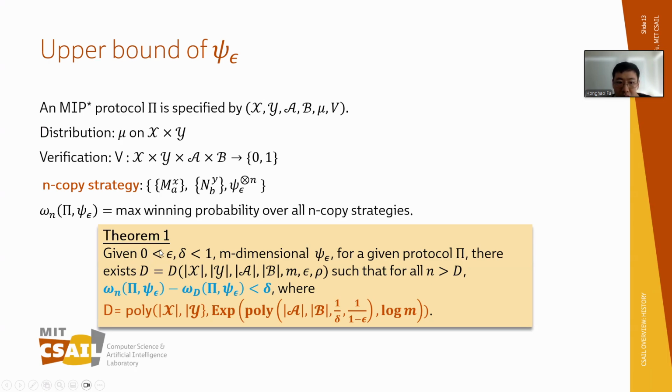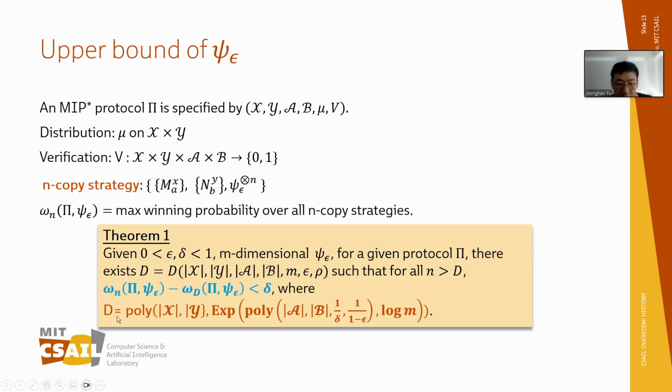So our Theorem 1 says that given parameters epsilon and delta, an m-dimensional depolarized maximally entangled state phi_epsilon, and this protocol pi, there exists a quantity capital D, which is computable from all these parameters, such that for all n bigger than D, the maximum winning probability on n-copy strategies cannot exceed the maximum winning probability on D-copy strategies by more than delta.